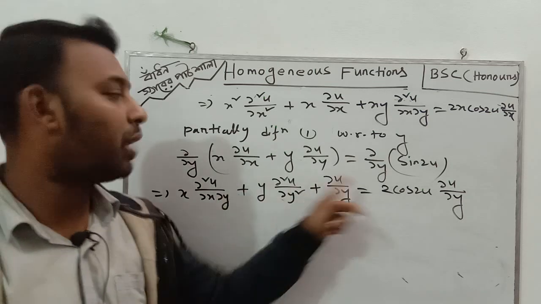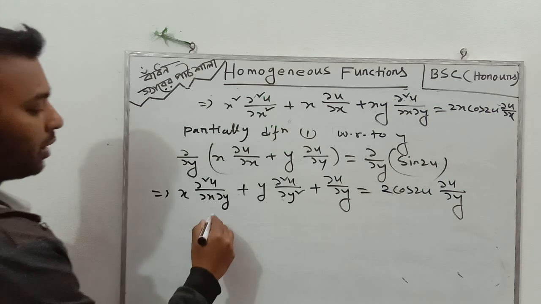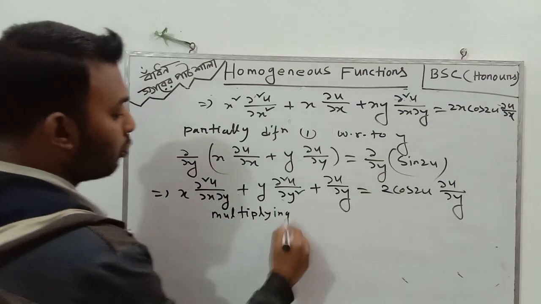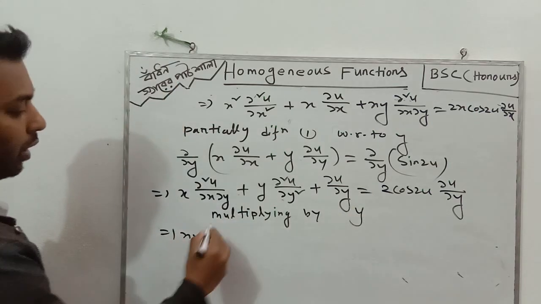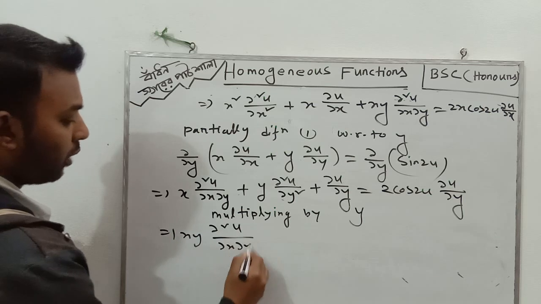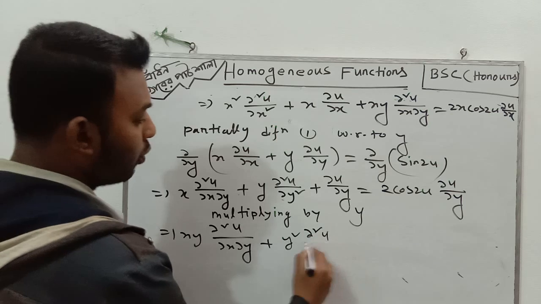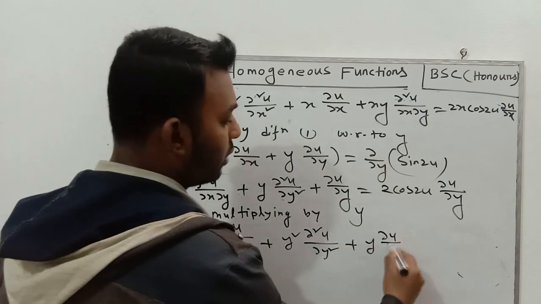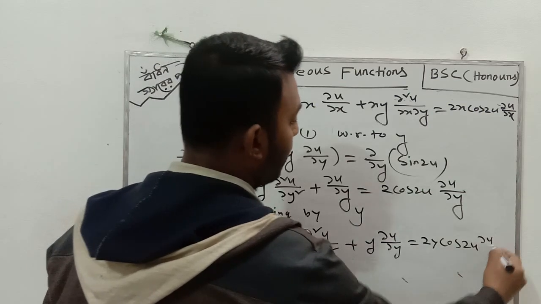So we have to multiply this equation by y. Multiplying by y, we can write xy ∂²u/∂x∂y plus y² ∂²u/∂y² plus y ∂u/∂y equals 2y cos 2u ∂u/∂y.